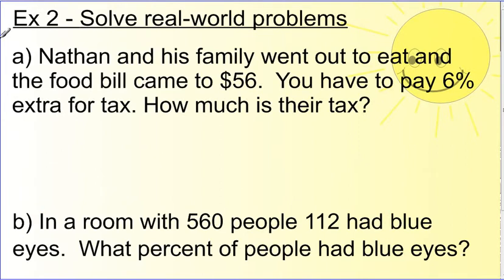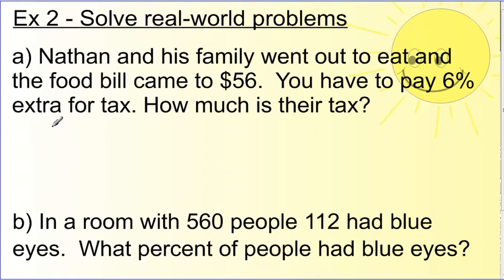That's all. So letter A here says, Nathan and his family went out to eat and the food bill came to $56. You have to pay 6% extra for tax. How much is their tax? So you're trying to find out what the tax is. The tax is 6% of 56.